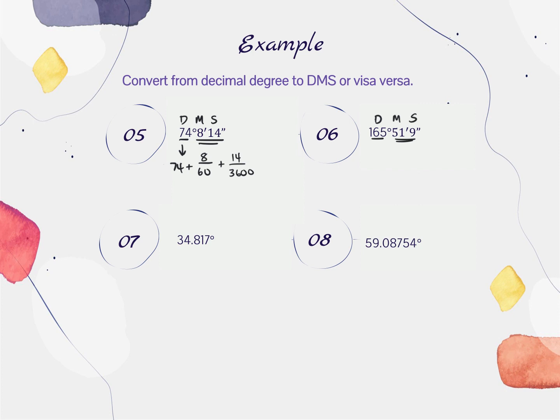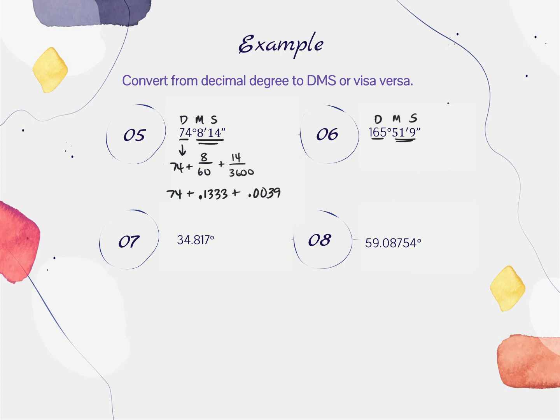So when you go to your calculator and you actually do 8 divided by 60, you're going to get 0.1333. You can stop at 4 places, okay? And when you do 14 divided by 3,600, you're going to get 0.0039.